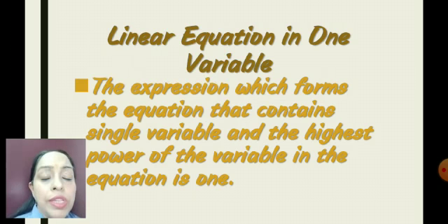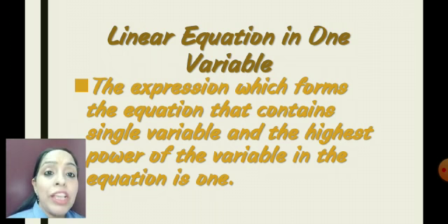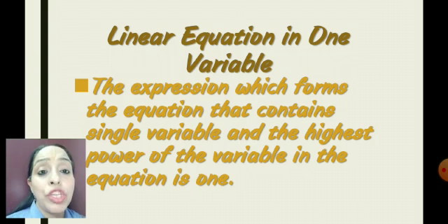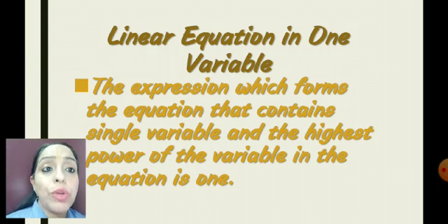The next is linear equation in one variable. What does it mean? The expression which forms the equation contains a single variable. Only a single variable we are using, and the highest power of the variable in the equation is 1. You can see we have written x plus 2 is equal to 3.